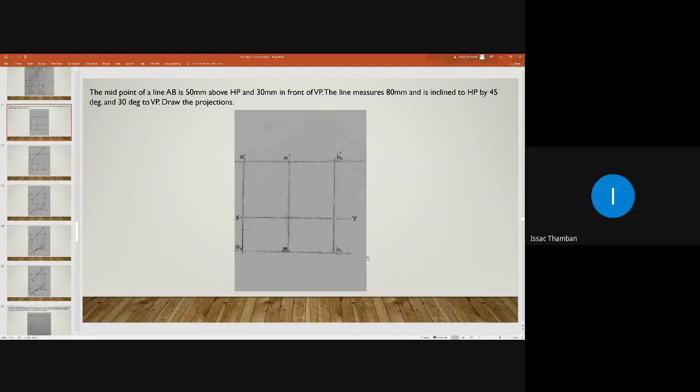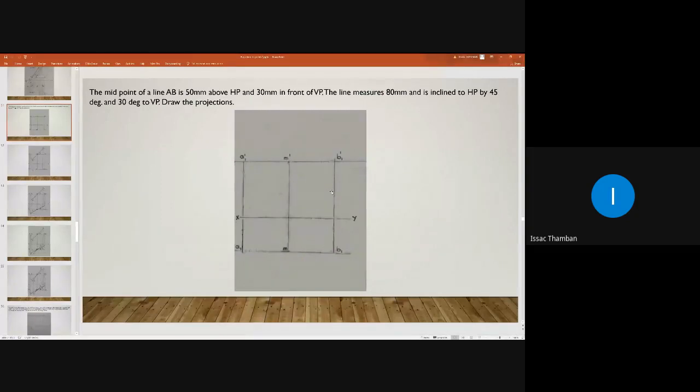So locate A1 dash, B1 dash, and A1 and B1. And that is the line when it is parallel to HP and VP. So I am proceeding to the next slide.